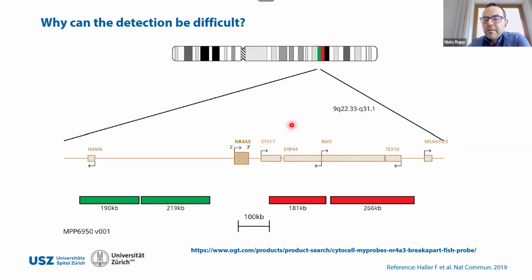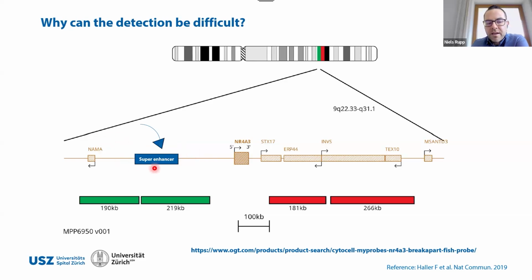This is a very interesting thing I want to go a bit deeper into. So here you can see the NR4A3 gene. And here is the usual NR4A3 FISH probe covering the area around the NR4A3 gene. What happens, as described by Florian Haller and colleagues in 2019, is that so-called super enhancers rearrange upstream of the NR4A3 gene.